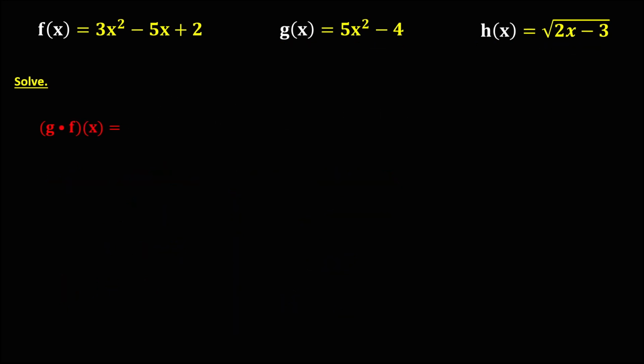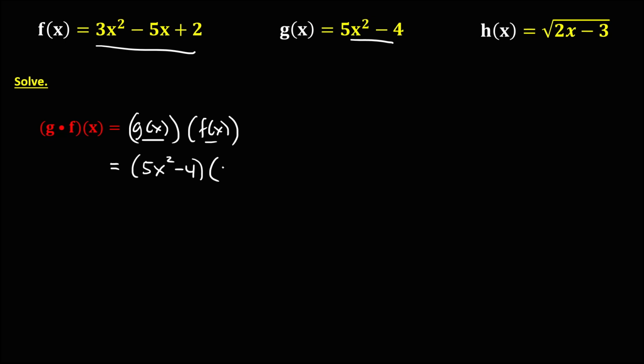Then for this function, this is equal to g of x times the f of x. Then substitute now the values. So for g of x, this is 5x squared minus 4, then times f of x, that's 3x squared minus 5x plus 2.